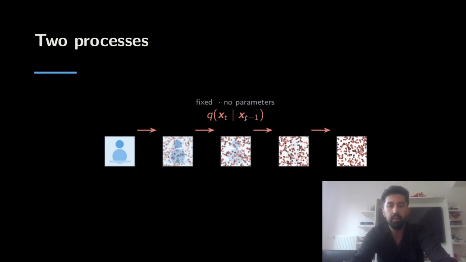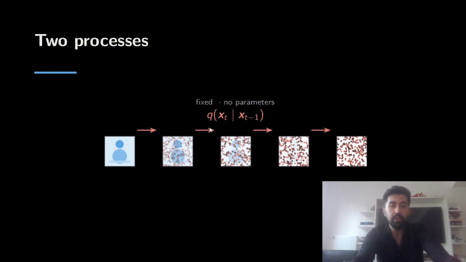We got x1. Then we add a little bit more noise. We get x2, which is a bit more blurry than x1. Then we add a bit more noise. We get x3, and so on. We do it like 1,000 times. At x1000, depending on how much you want, you'll have a really, really noisy image. That's unreadable actually. This is the forward process. No learning happens here.